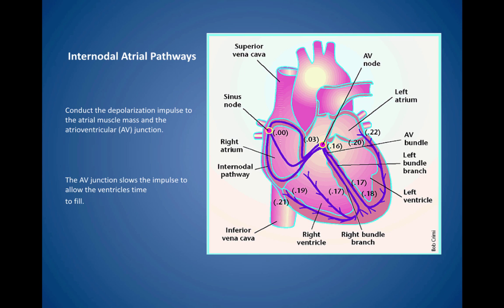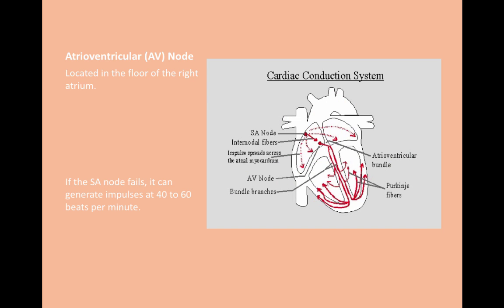Those internodal pathways, they conduct that depolarization impulse to the atrial muscle and then to that AV junction. And that AV junction, right, slows the impulse just for fractions of a second. And then that AV node, which of course is located in the floor of the right atrium, if the SA node were to fail, the AV node, right?